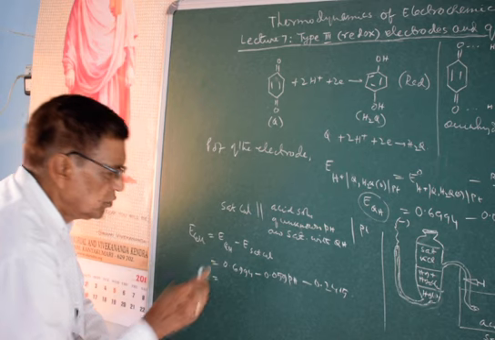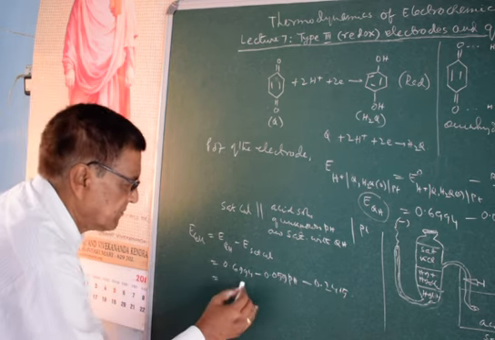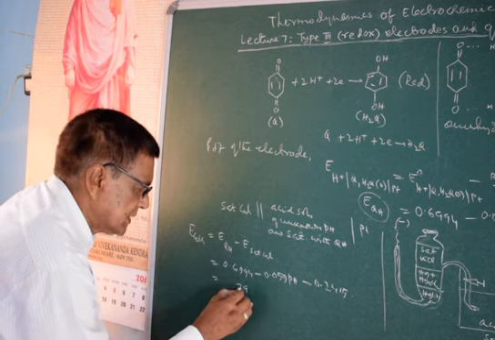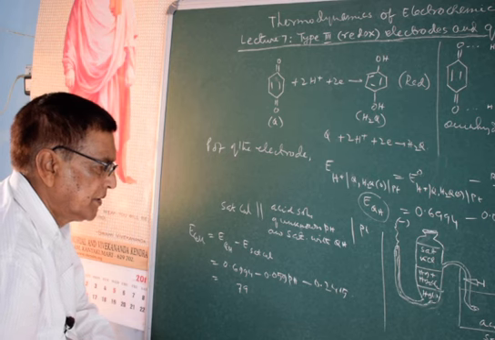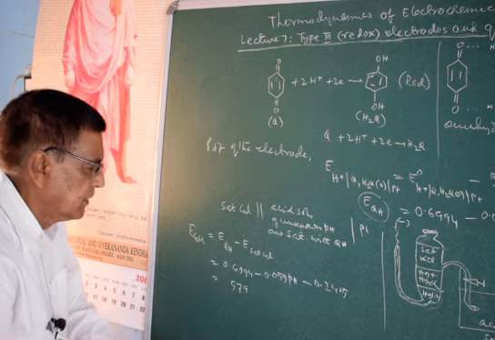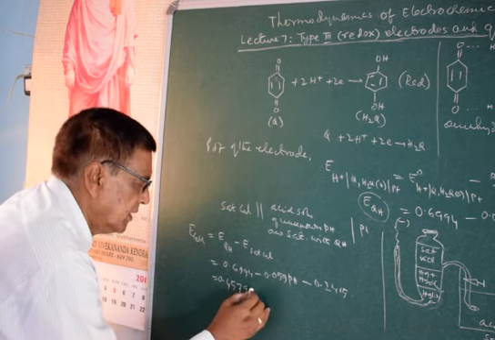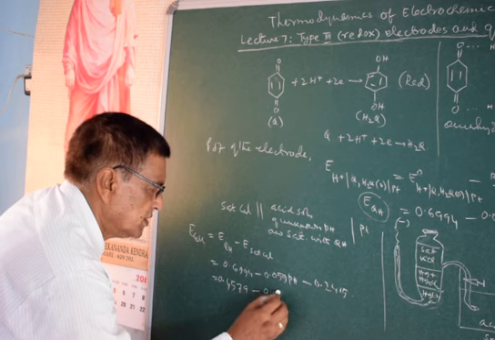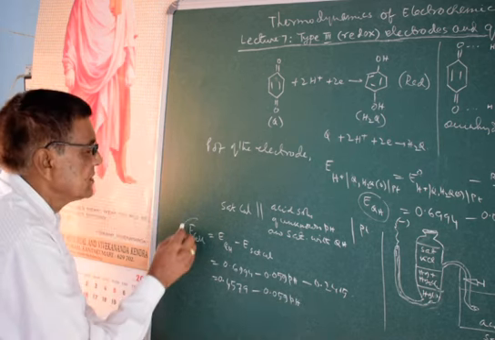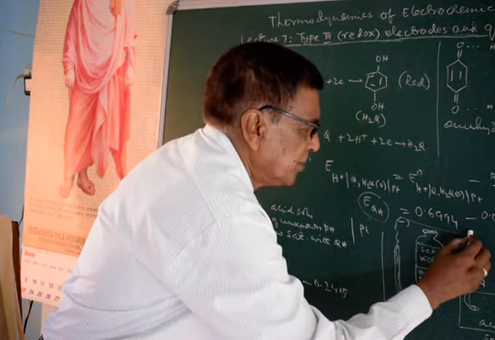So if we subtract this, we get 0.4579 minus 0.059 pH. This one is determined by means of a potentiometer.